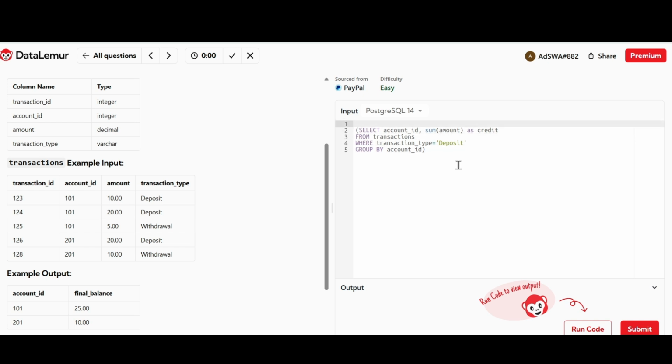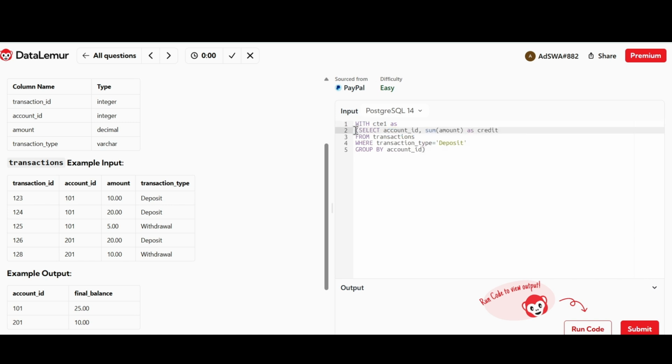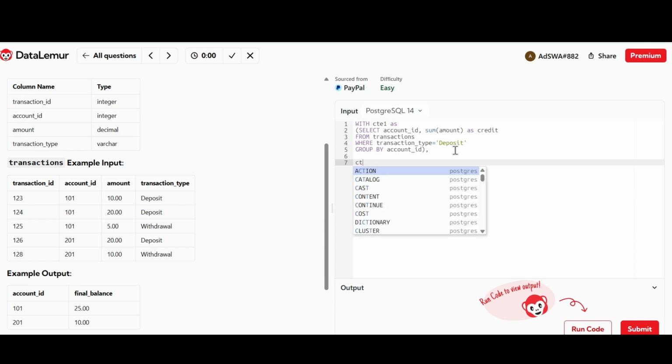To write a common table expression, we will use the with clause. So we will write with CTE1, that is common table expression 1, as this. Now we will use a comma and give another common table expression, CTE2 as this.